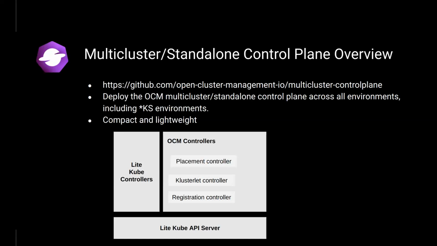We include the registration, cluster lease, and placement, so it can provide the Kube API server to be accessed through the route, through the load balancer service, etc. Currently, we can use the Helm chart to deploy this multi-cluster control plane, or you can just start this control plane binary as a system service.